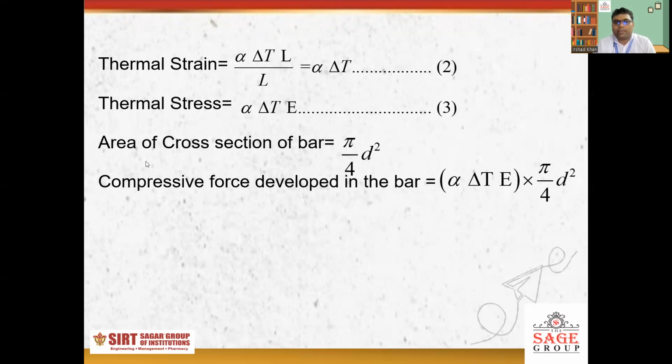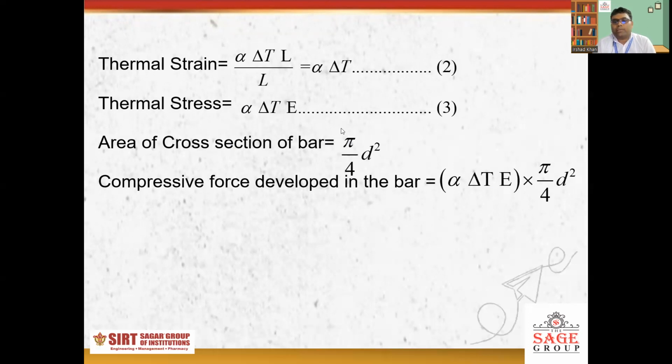As the shape of the body is circular, the cross-sectional area of the bar is pi by 4 d square. If we multiply the thermal stress with the cross-sectional area, we can calculate the compressive force developed in the bar.